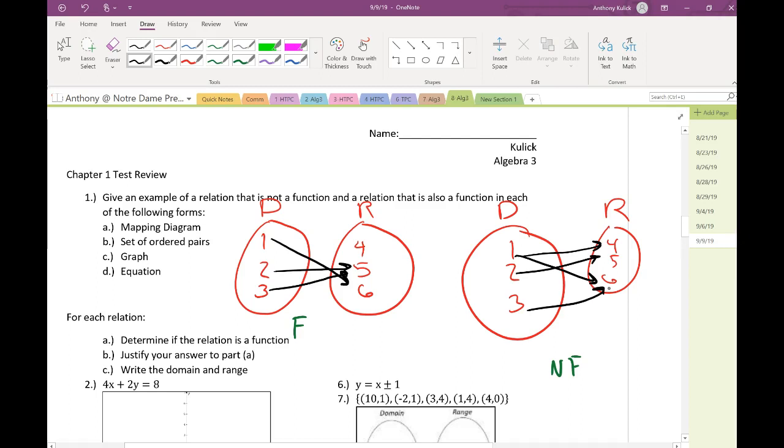Everybody's okay with that? That's one way you could do it. What's the other way? It's to not use one of the domain elements. So for example, if I had this where 3 doesn't go anywhere, that's also not a function. Everybody okay there?